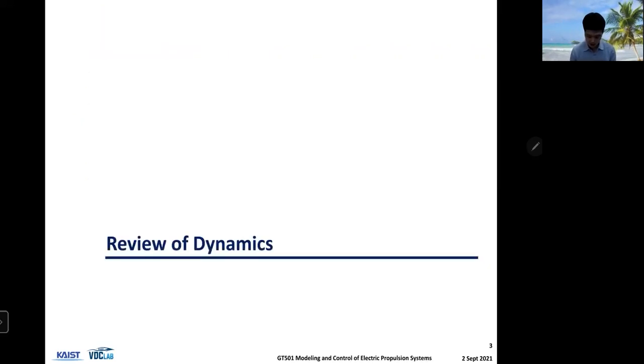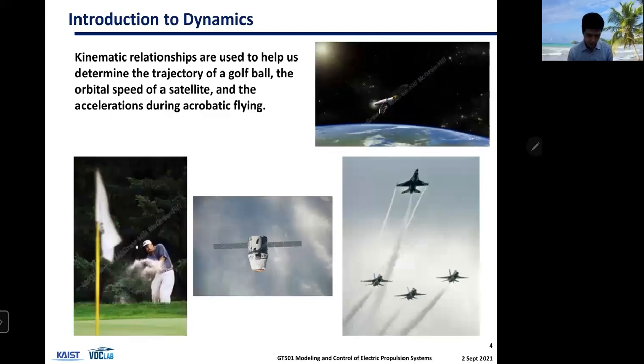Review of dynamics. Introduction to dynamics. Kinematic relationships are used to help us determine the trajectory of a golf ball, the orbital speed of a satellite, and the acceleration during acrobatic flying.